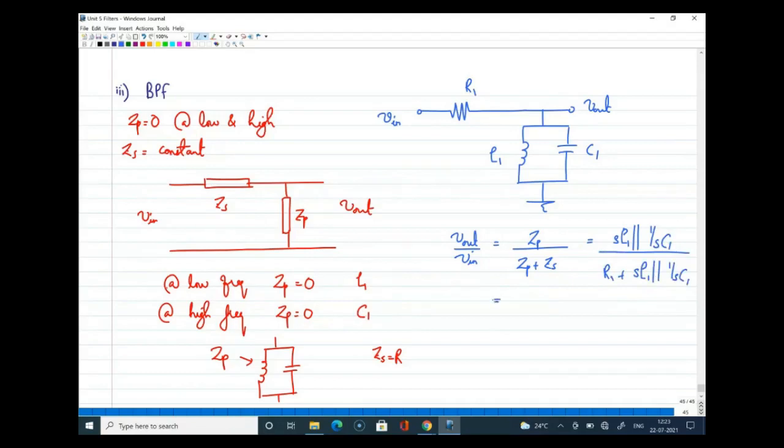And if you do this, what you will get is S into L1 divided by L1 C1 R1 S square plus L1 S plus R1. You can check this. All right. So this will be a band pass filter.